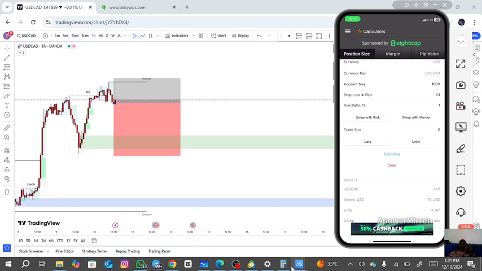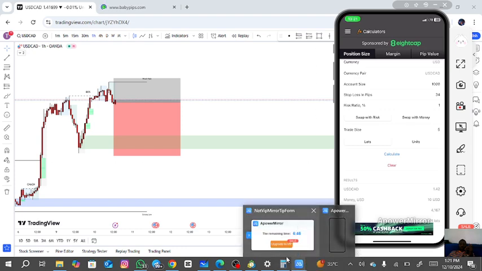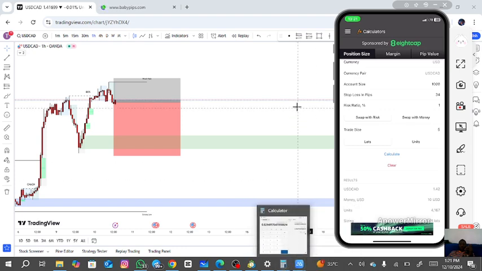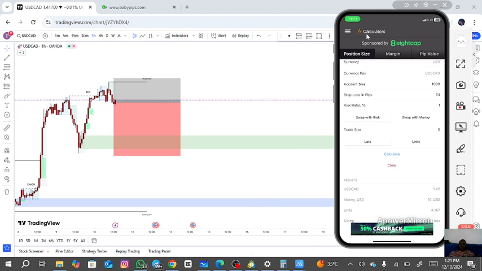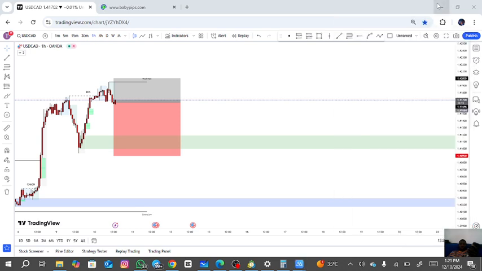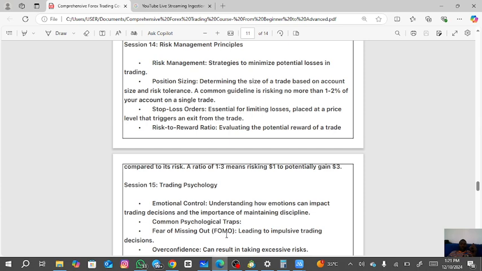But the one that's easy for me is using my own method with the calculator, right? That's what I use. Okay, so that's that on how to calculate the lot size you're going to use, right?